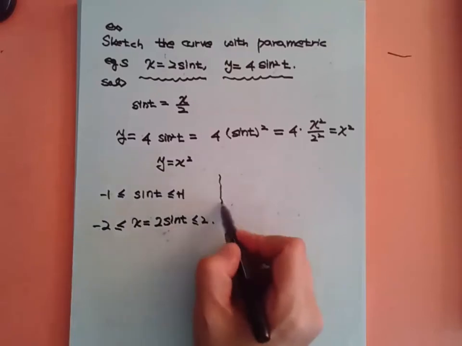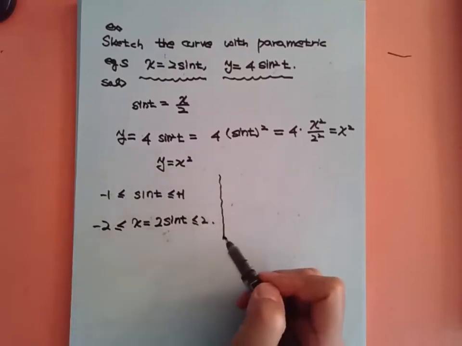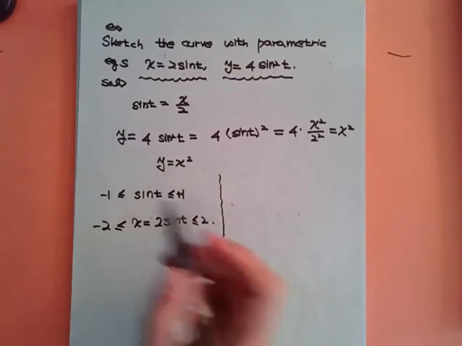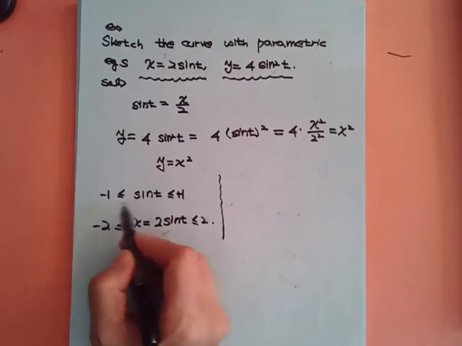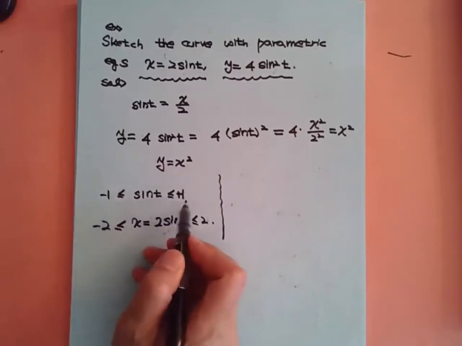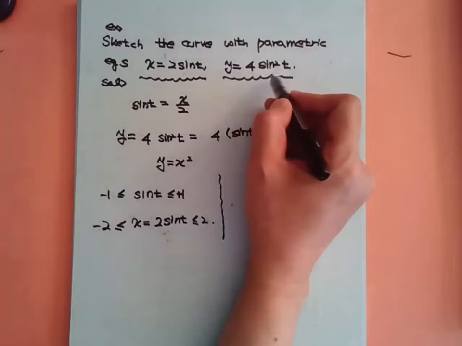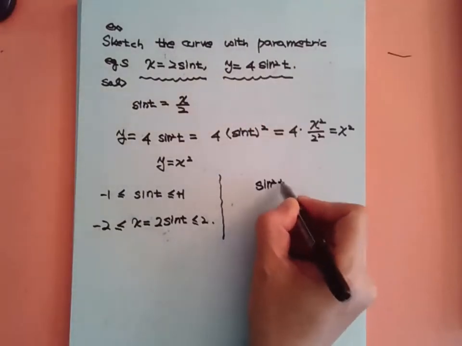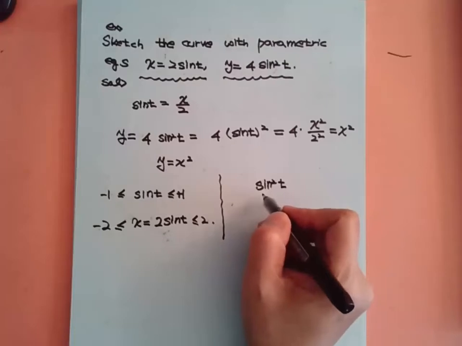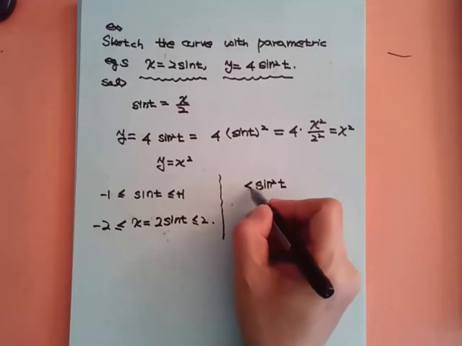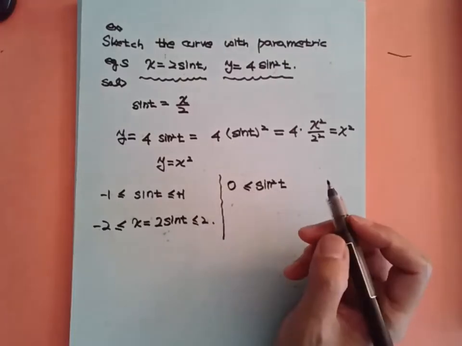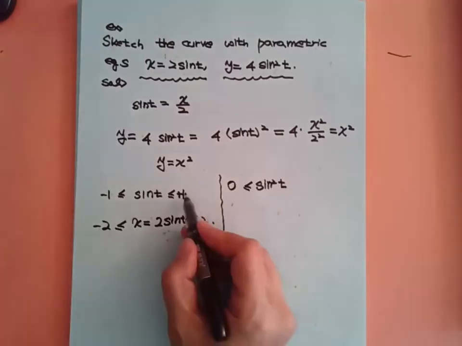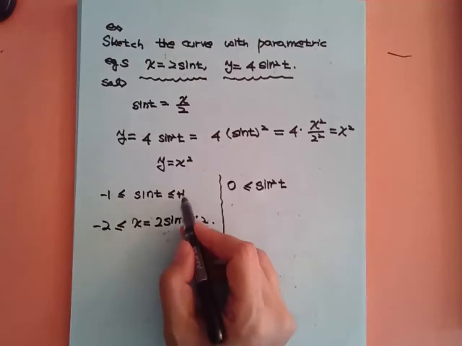And we want to do the same reasoning for y. We start with sine is between -1 and 1, but y has sine squared. Sine squared is always a non-negative number, which means it should be greater than or equal to 0. But when we square 1, we get 1 again.